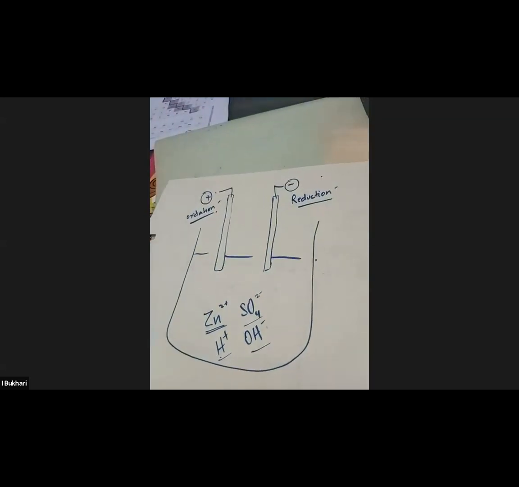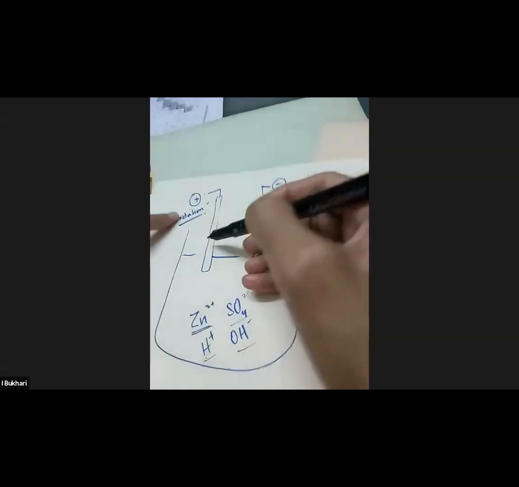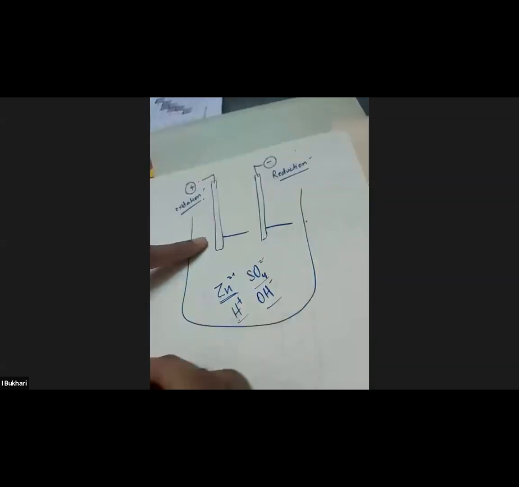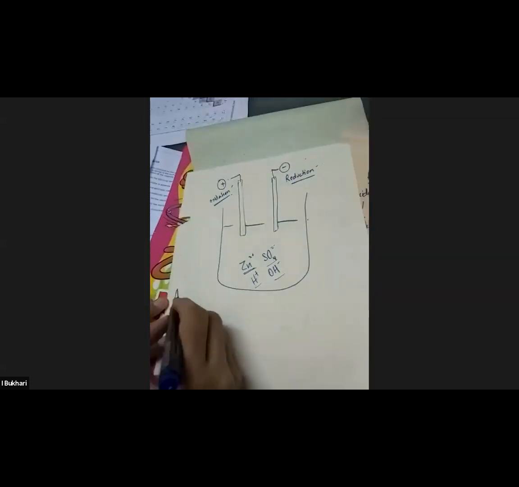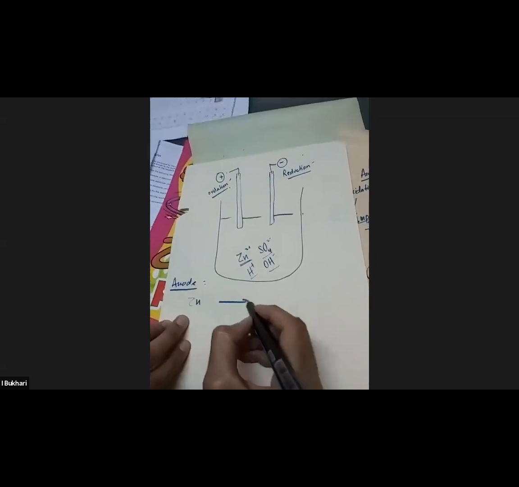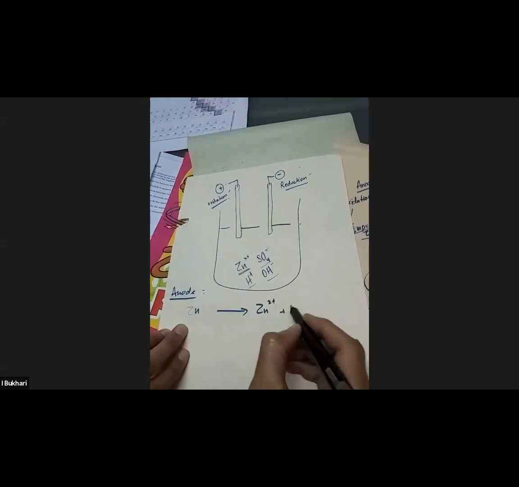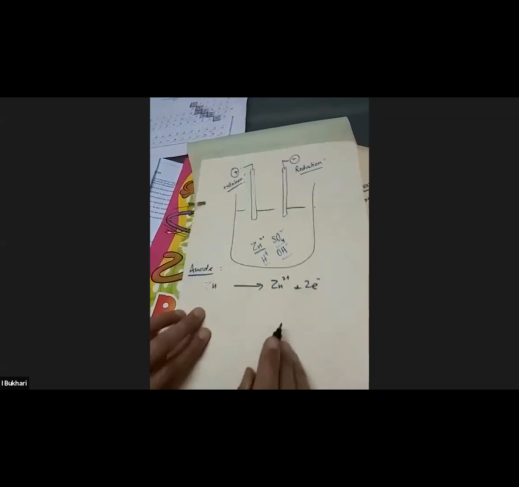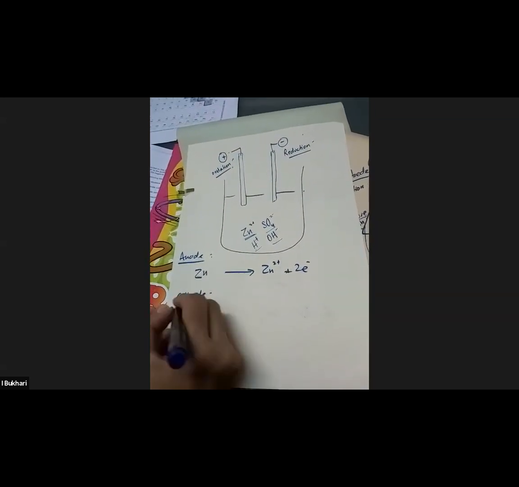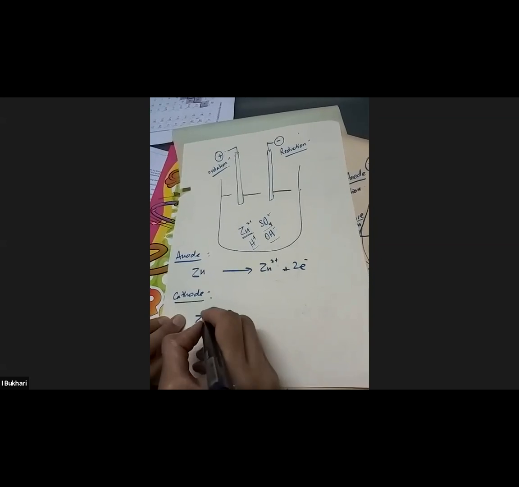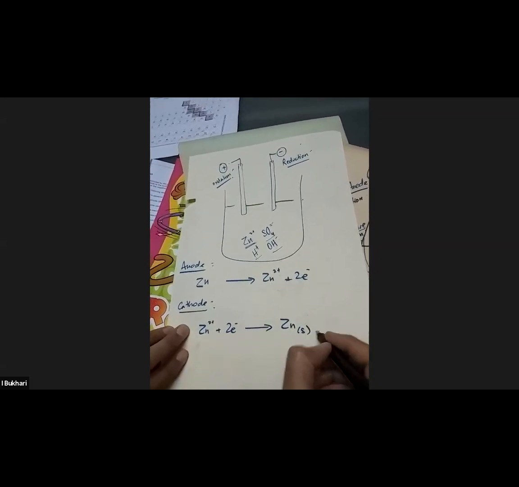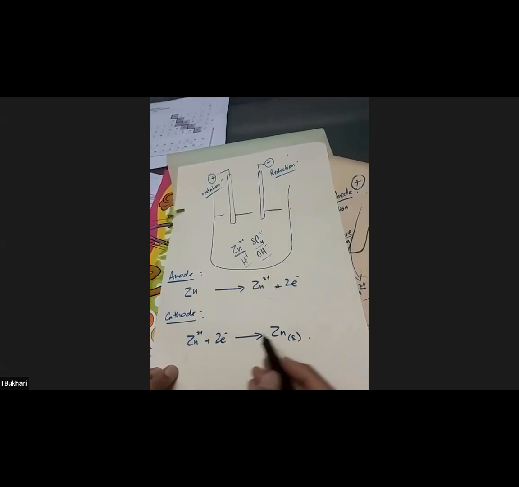Okay, I hope you know oxidation is the loss of electrons, right? So zinc at the anode will undergo oxidation, which is loss of electrons. The cathode will have the opposite process going on: gain of electrons and getting deposited.